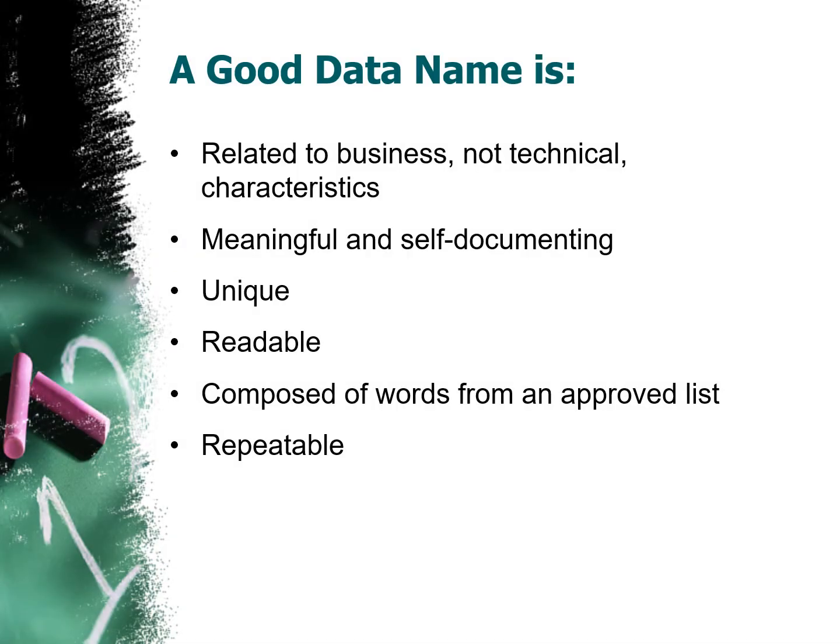Identifying also data names for the terms that we're going to use eventually in the ER diagram and the data that we are going to collect. We have to consider also something that is related to business and not technical. And it should be meaningful and self-documenting at the same time. So let's say, for example, in various organizations, some would say SKU, inventory, or stocks, or unit.